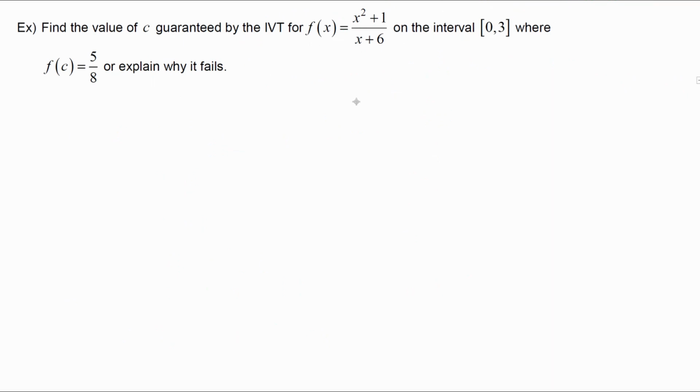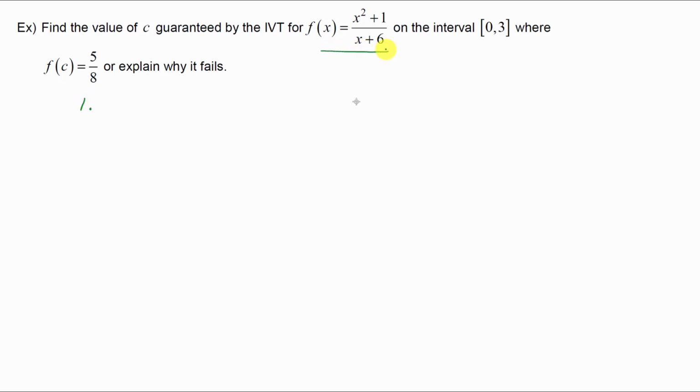This time, find the value of C guaranteed by IVT for this function on the interval 0 to 3, where f of C equals 5 over 8, or explain why it fails if it fails. Okay, so again, let's see if IVT even applies.